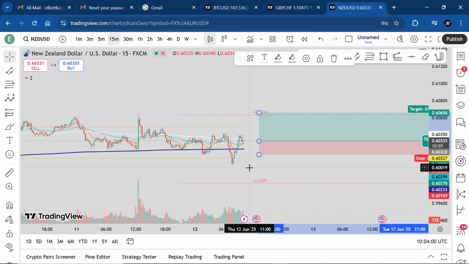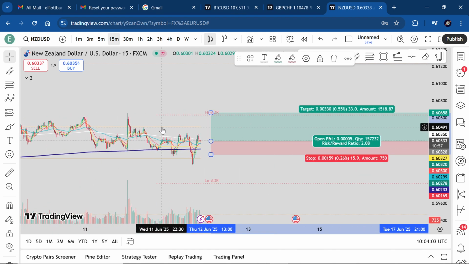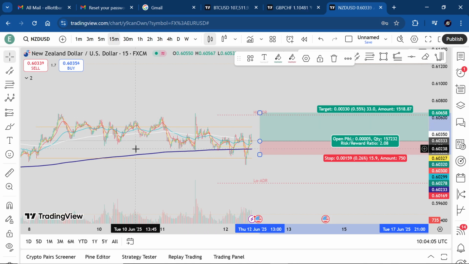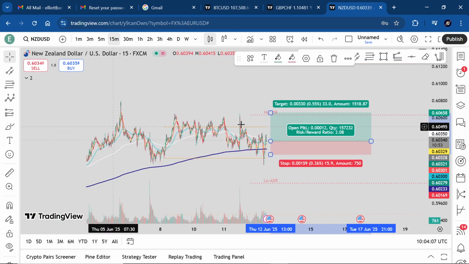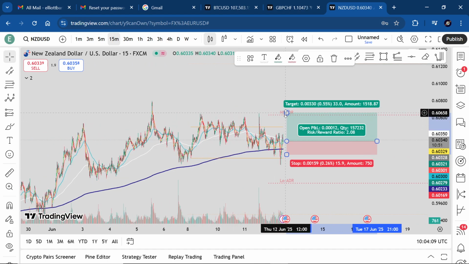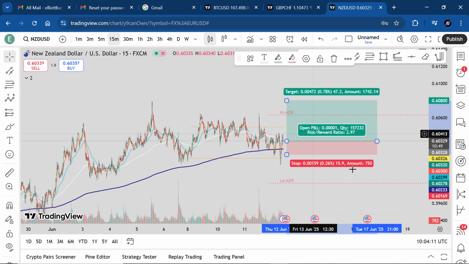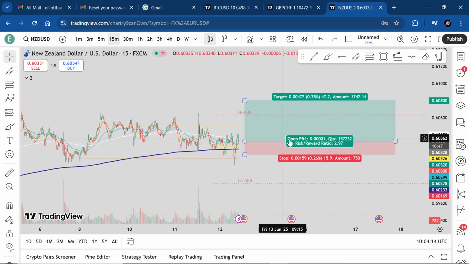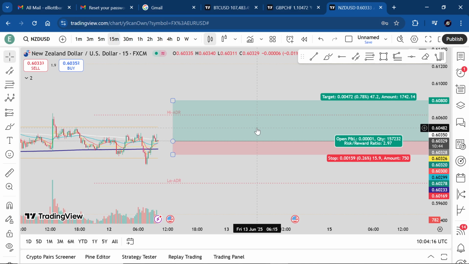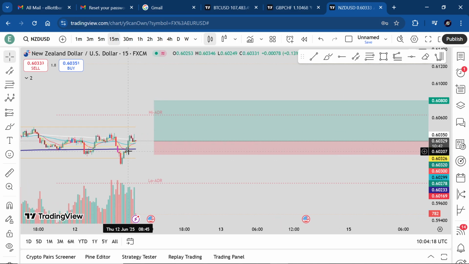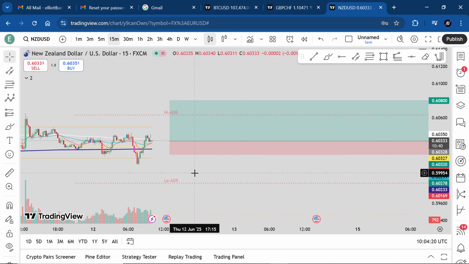Perfect. Just there at the last OB. There you go. More than 2 times risk to reward going for the first target. And if you were to go for the main target, that's a good risk to reward for a price that's already started moving in its direction.